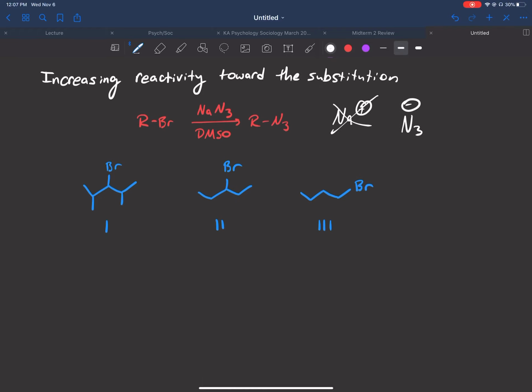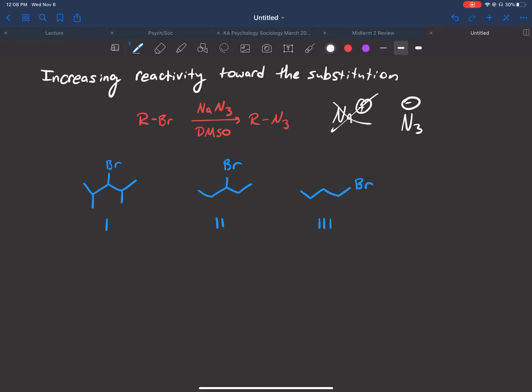Before you look at the structures, we know that SN2 prefers unhindered substrates. Methyl is always the best, then primary, then secondary, and tertiary doesn't happen. So looking at these 3 substrates, the easiest one to pick would have been number 3. It's a primary Br. This is a secondary, this is also a secondary.